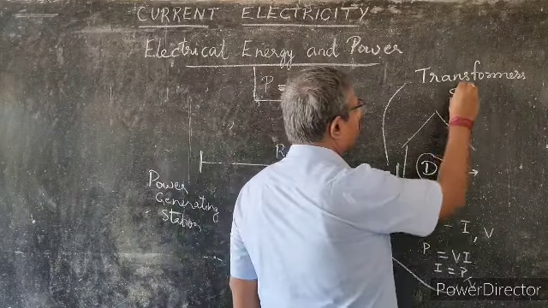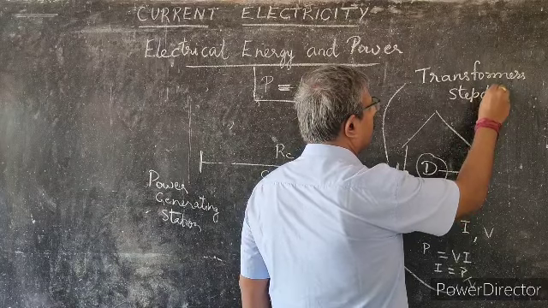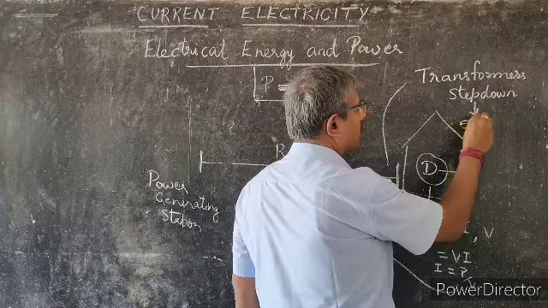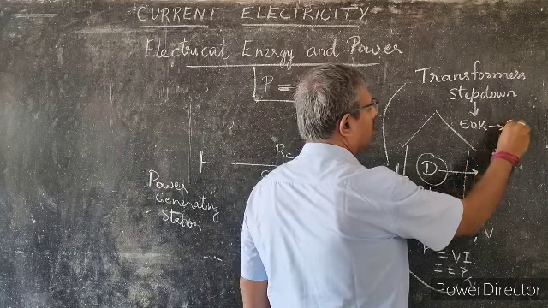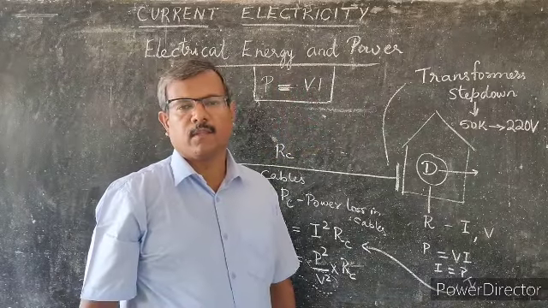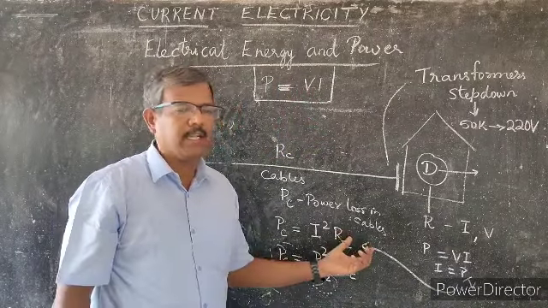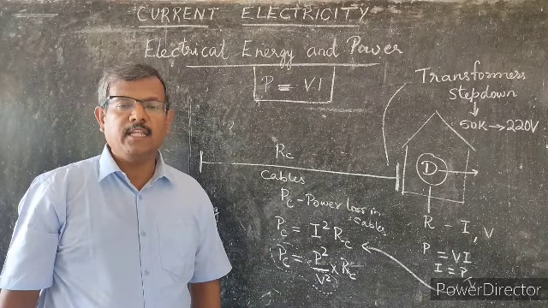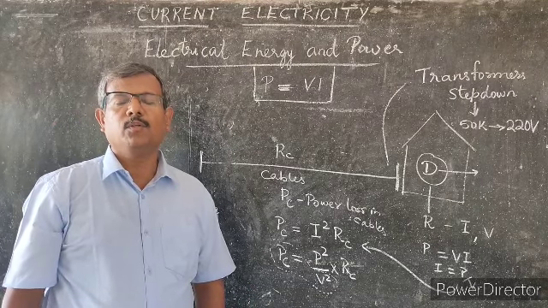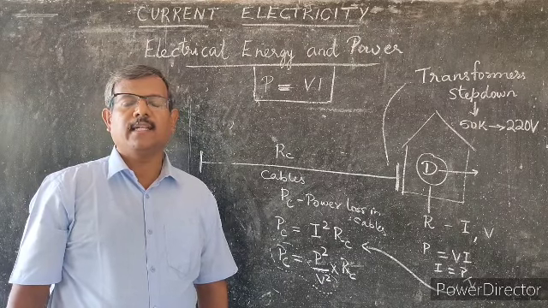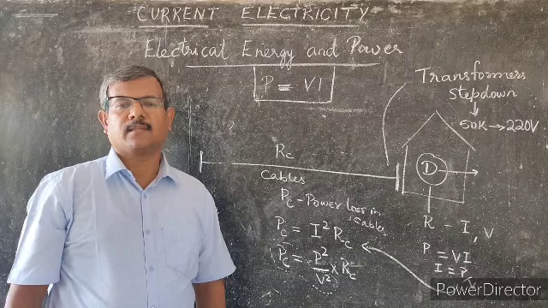So using a step down transformer, we reduce the voltage from 50,000 volts to a more usable 220 volts. So this is yet another way how the power equation helps us reduce losses due to electrical energy transmission over extended distances.